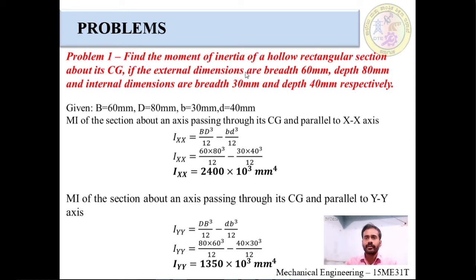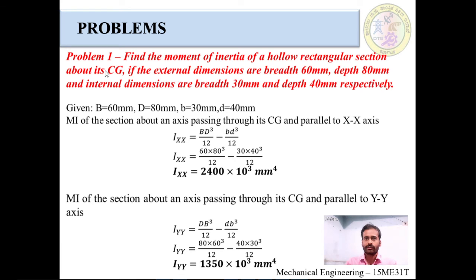Find the moment of inertia of a hollow rectangular section about its center of gravity, if the external dimensions are breadth 60 mm and depth 80 mm. So this will be your B and this will be your D. And the internal dimensions are breadth 30 millimeter and depth 40 millimeter respectively.